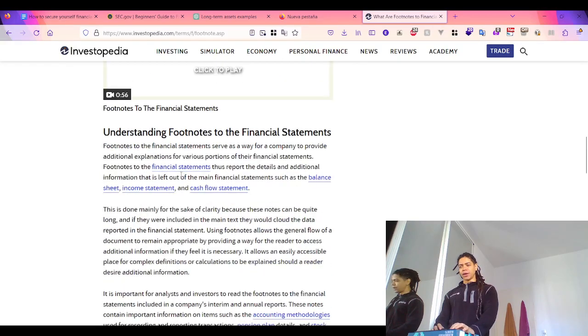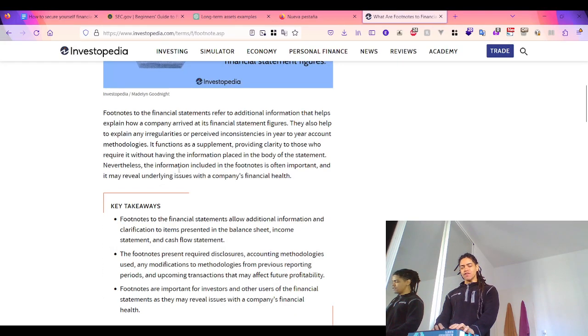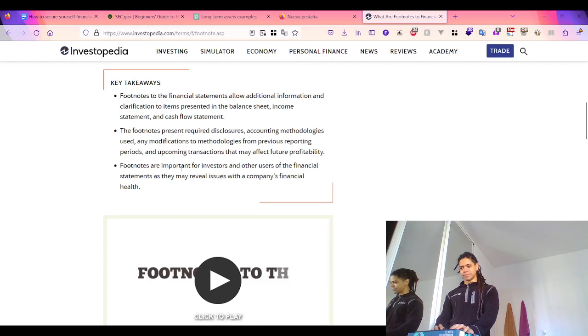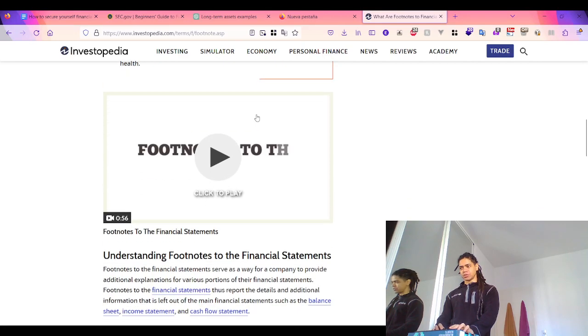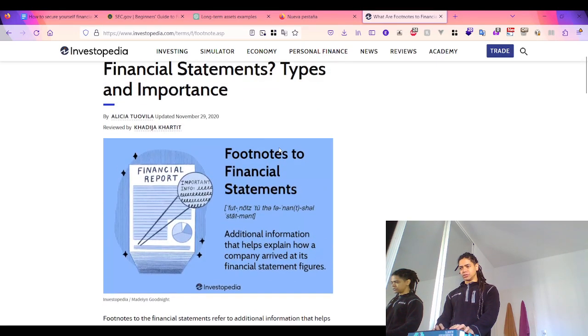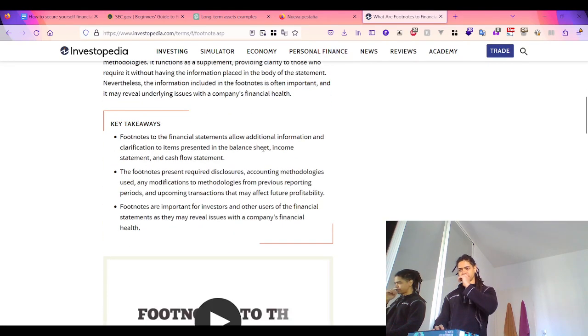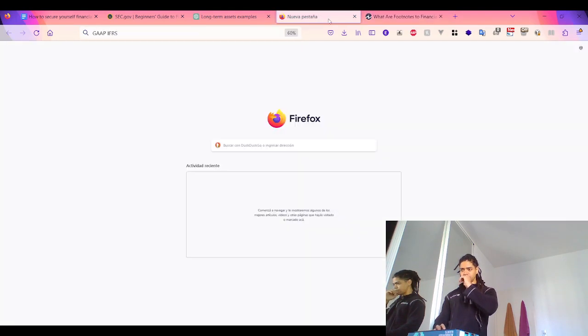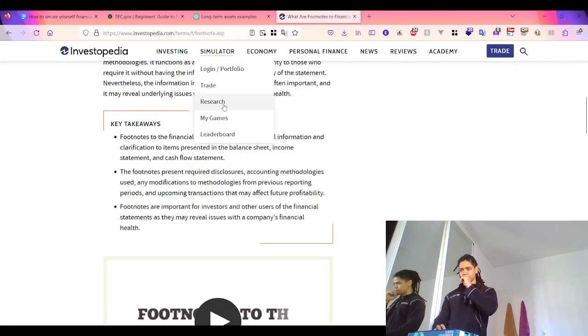I like this definition: the footnote to a financial statement is how a company arrives at its financial statement figures. Interesting.